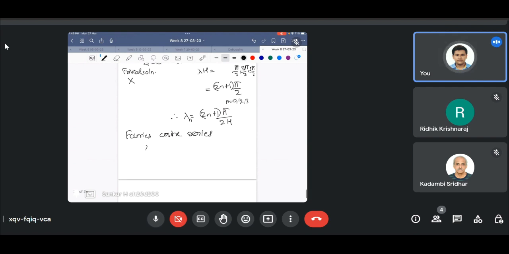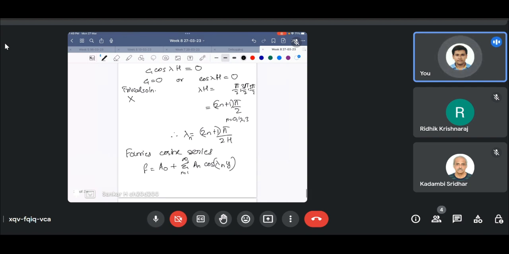Therefore I can write this as f is equal to a naught plus sigma n equal to 1 to infinity of an cos lambda n times y, where an is basically just the constant c1 remade as an.